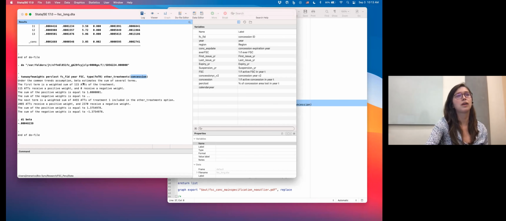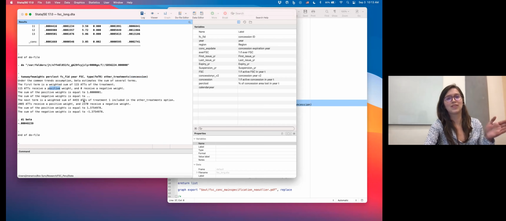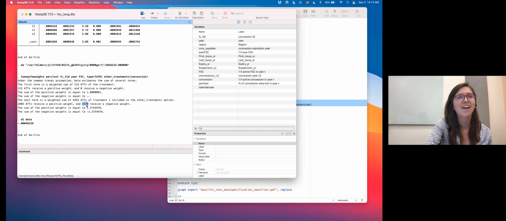So the result is that for FSC, we have 115 ATTs, and all of them receive a positive weight. But for the second coefficient, which is the concession effect, we have more than half, the 2,370 ATTs, that receive a negative weight.